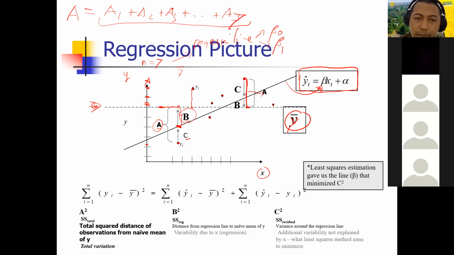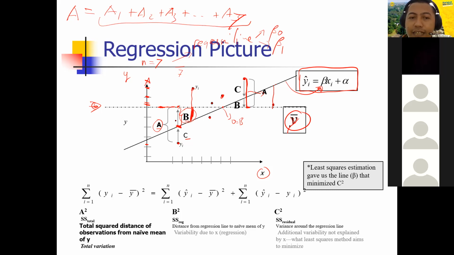Kalau titik ini B-nya mana? B-nya ini. Kalau titik ini B-nya mana? B-nya di sini. Oh, ini berarti errornya 0. B-nya sama dengan 0 di sini, karena pas begitu. Kalau titik ini B-nya mana? B-nya ini.